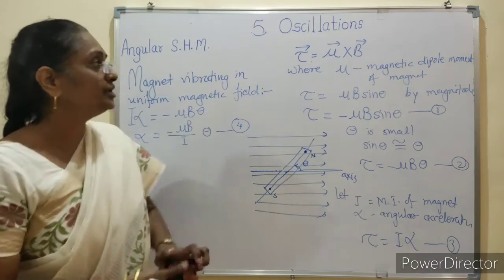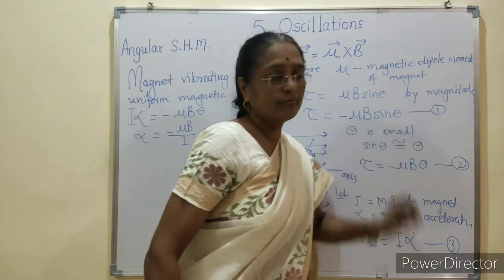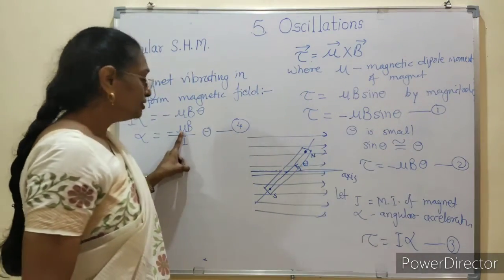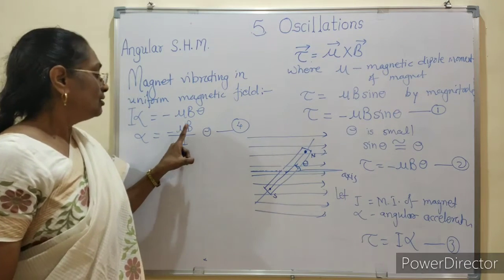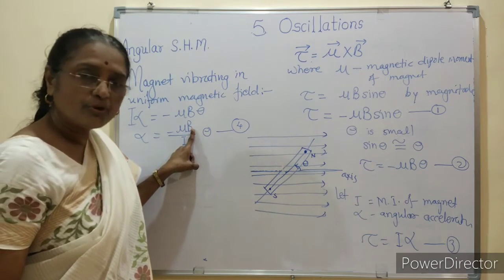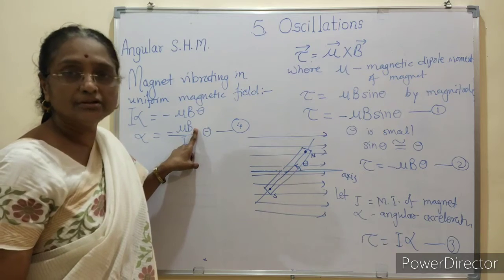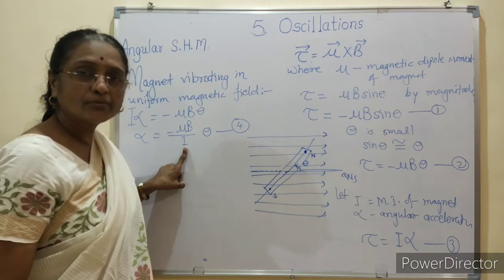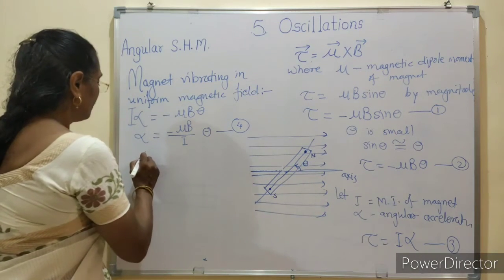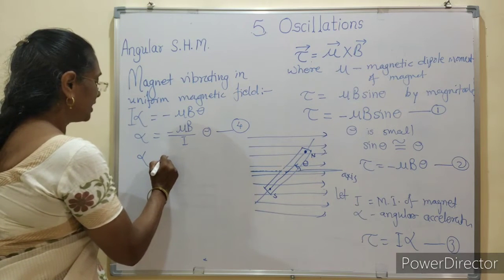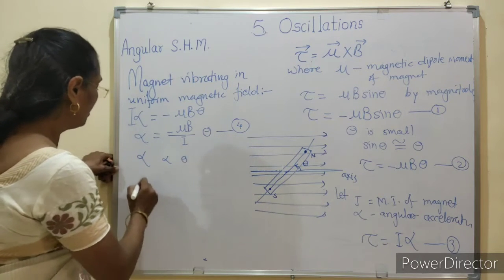Here mu, the magnetic dipole moment of the magnet, is constant. B, the uniform magnetic field, is constant. I, the moment of inertia, is constant. Therefore alpha is directly proportional to theta.